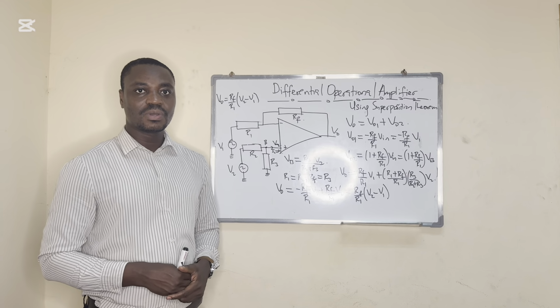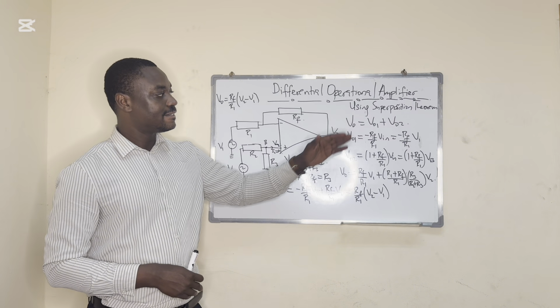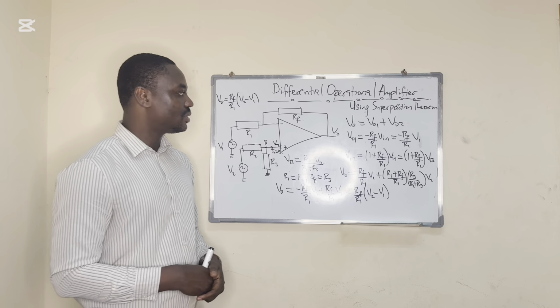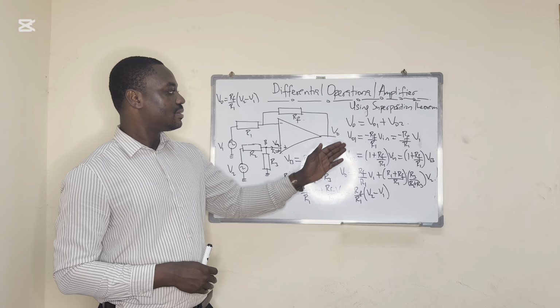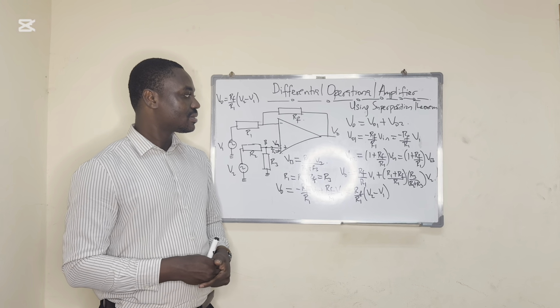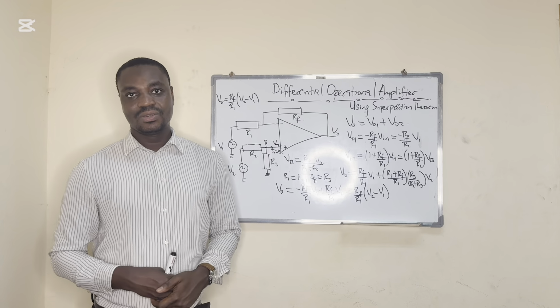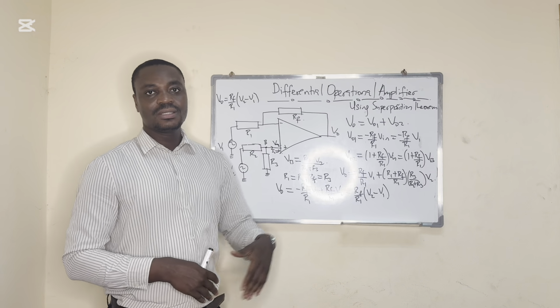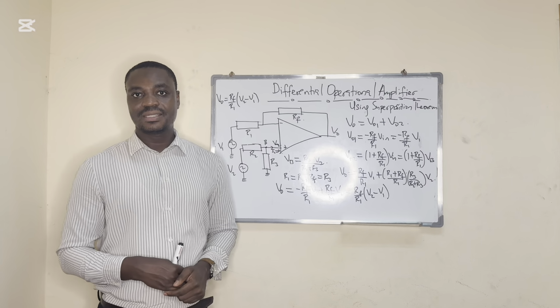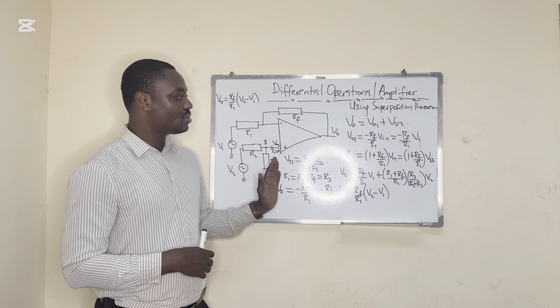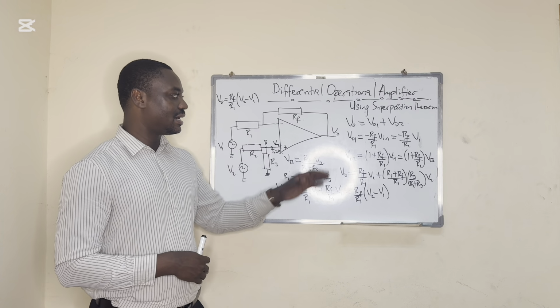Superposition theorem is the algebraic sum of voltages across an element in a circuit diagram due to each of the voltage sources in the circuit diagram acting alone. And we are going to be using this principle to find the output voltage.